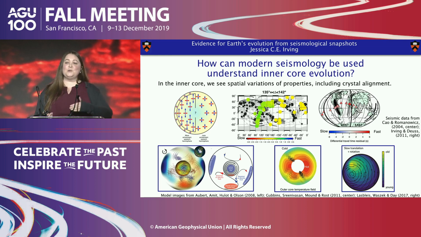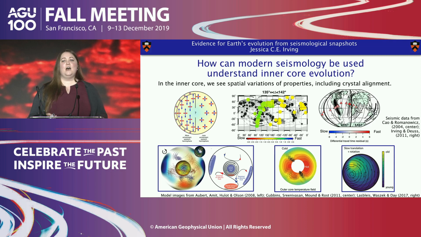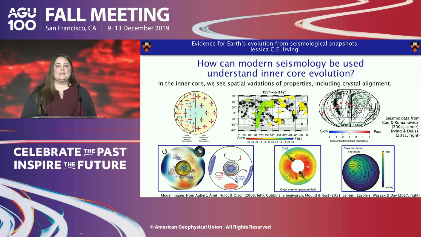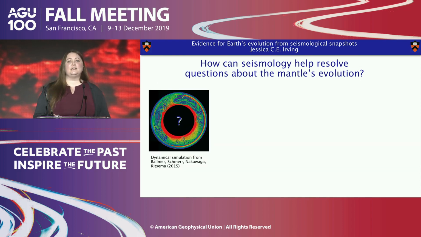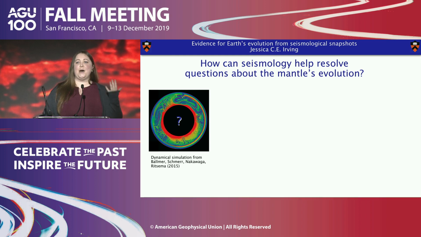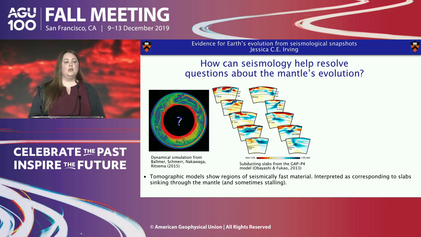With the seismological observations, we can start to interrogate all of these different models of inner core structure. We can also take these seismic techniques up out of the inner core and into the mantle, and we can try and understand what seismology can tell us about mantle evolution over the past 4.5 billion years.